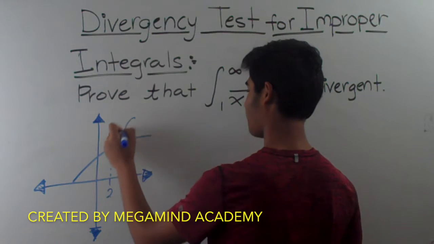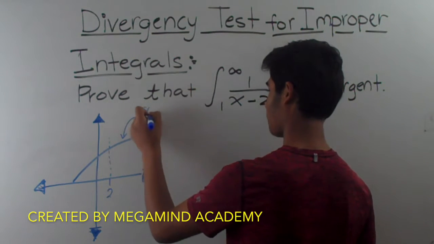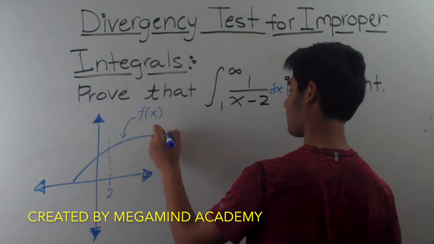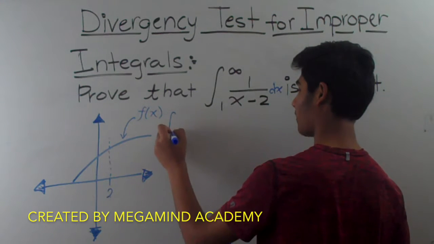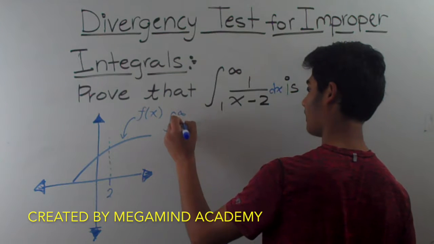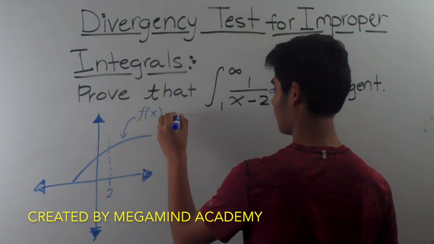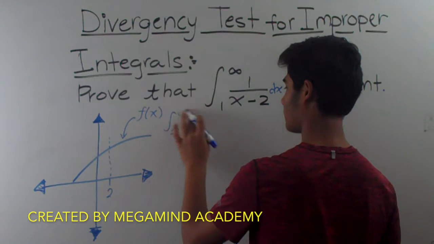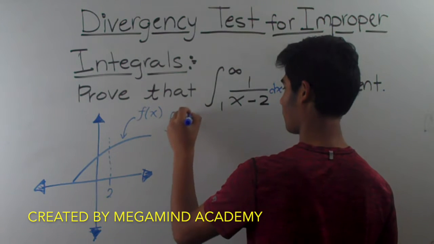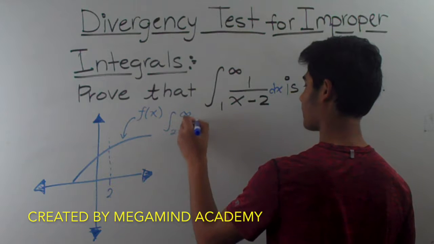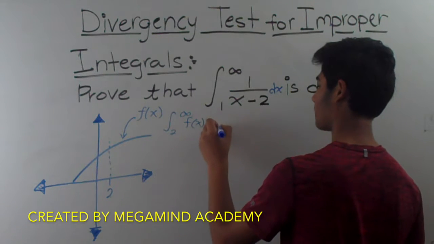So this is f of x, and we want the integral from 2 to infinity of f of x dx.